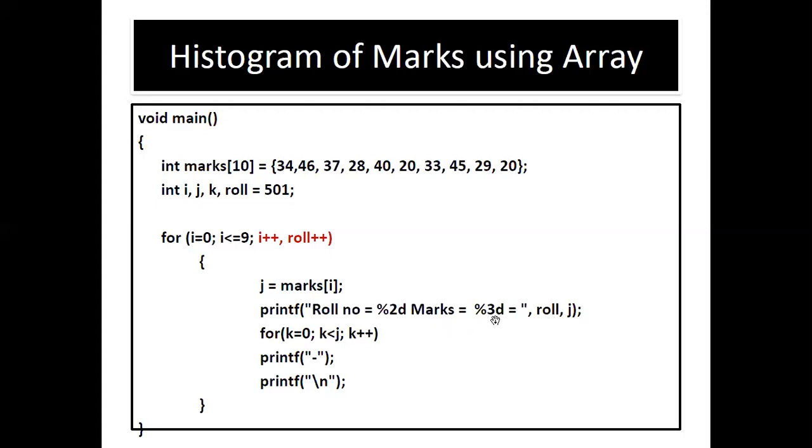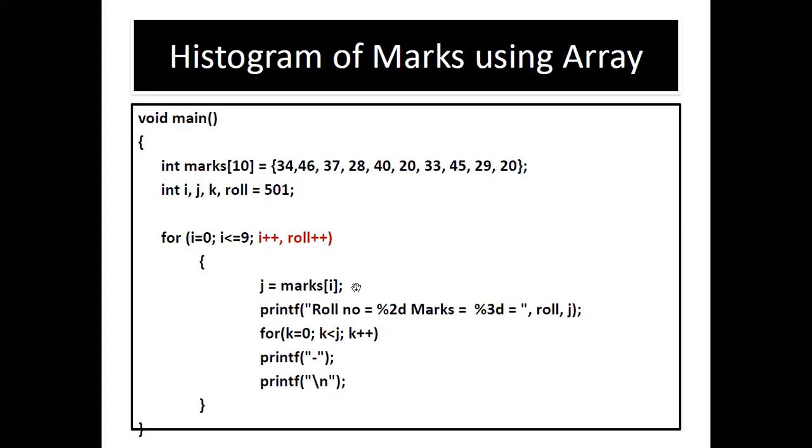The 2d and 3d are for spacing: 2 spaces and 3 spaces I have taken. So this roll number 501 has j as marks. What is the first j marks? The first j marks is 34. This 34 at the 0th location will be passed as marks of i, meaning 0.